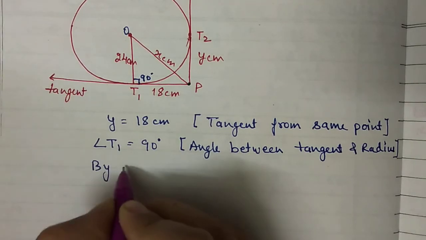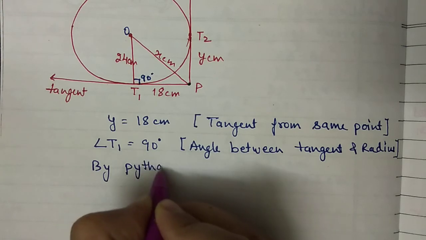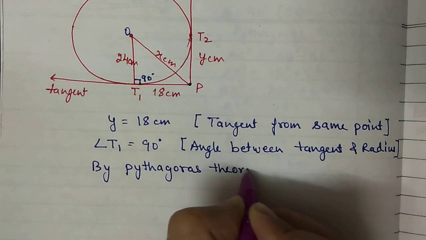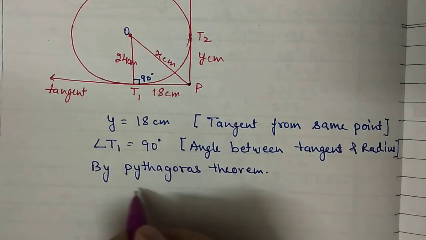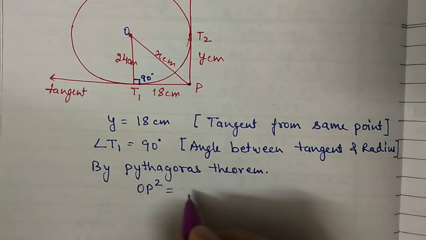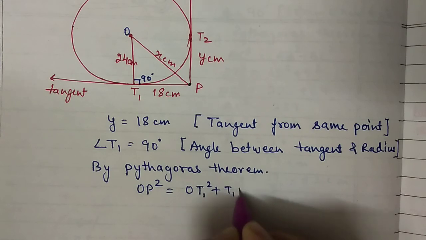By Pythagoras theorem, hypotenuse square, means OP, the side opposite to 90 degree, will be equal to base square plus height square.